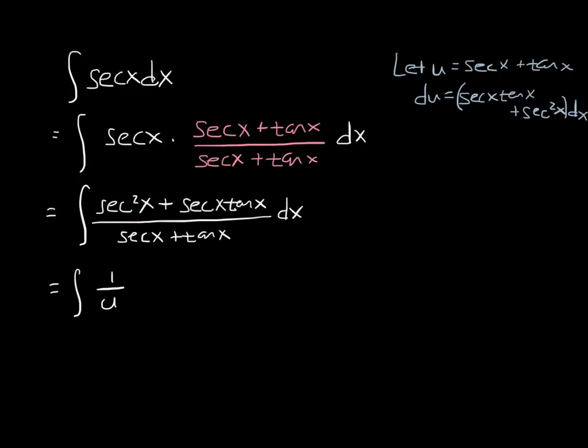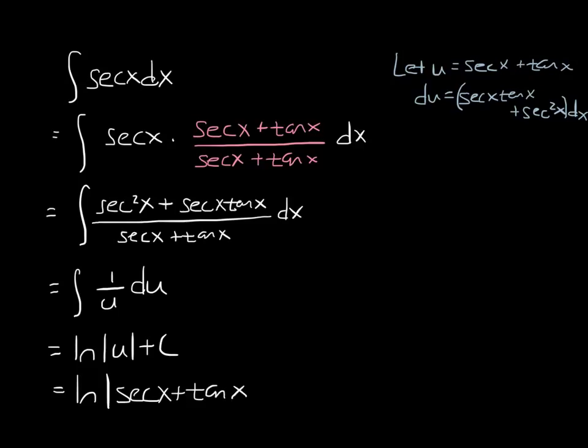But our numerator, we've got secant squared plus secant tan. We just have it in reverse. We've got secant tan plus secant squared. So this entire thing here is just equal to du. We know the integral of 1 over u, and u is secant plus tan plus c. So the integral of secant is the natural log of the absolute value of secant plus tangent plus c.